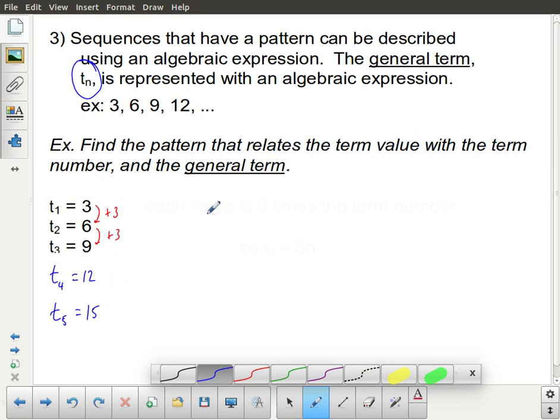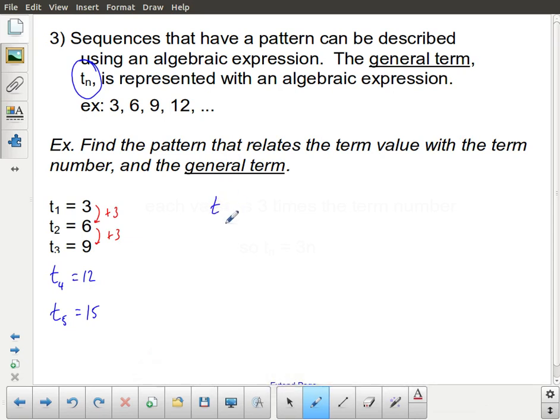And now can I write some formula or some algebraic expression that can let me know what any value Tn is? When you write this, you generally want your algebraic expression to be in terms of n.